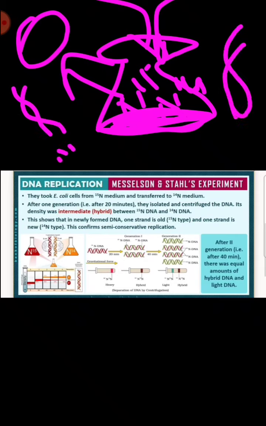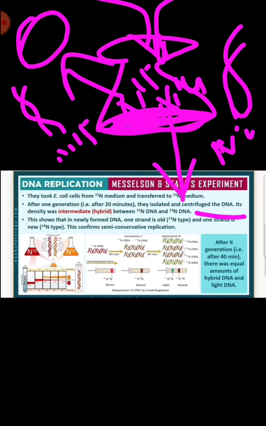N15 will be heavy DNA, N14 will be light DNA. When they both mix, what kind of next generation will they produce? On that basis you can easily find out whether it is the semi-conservative method or what kind of mode of replication. So after 20 minutes they isolated and centrifuged the DNA from this mixed culture.